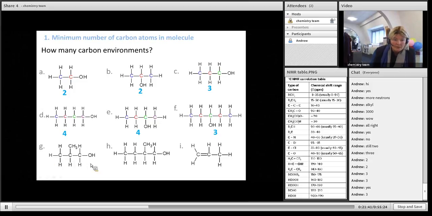Then G, I don't want to trick you, so I'll do this one first. It's got 3 groups. Sometimes it's difficult for students to see because you tend to see it as 2D and you don't see it as 3D. So you think, this methyl group is closer to the OH, so it'll be more affected. But actually in 3D, if you saw this molecule in 3D, they're in exactly the same position.